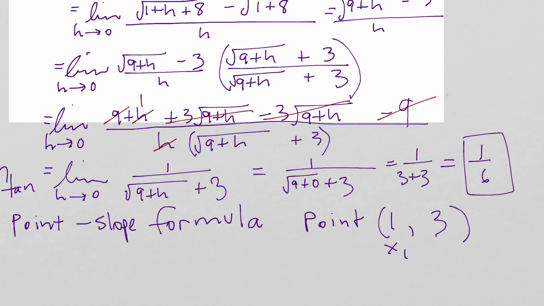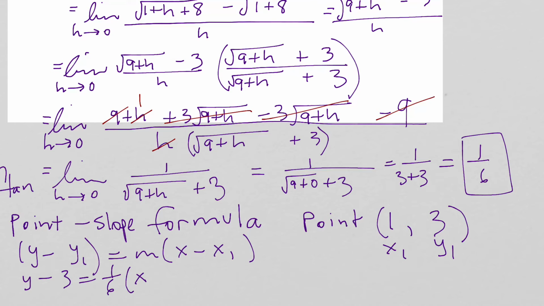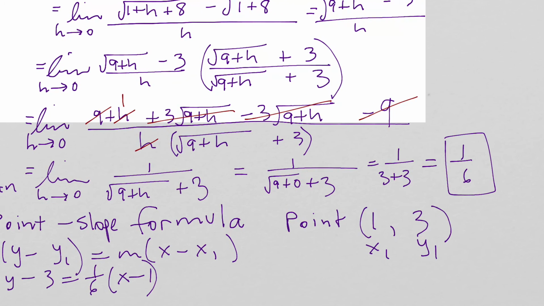So this is x1, y1 in our point slope formula. So we've got y minus y1 equals m times x minus x1. And that's y minus 3 is equal to 1/6 times x minus 1. Alright, so let's see if I ran out of room here. So that's y minus 3 is equal to 1/6 times x minus 1/6.